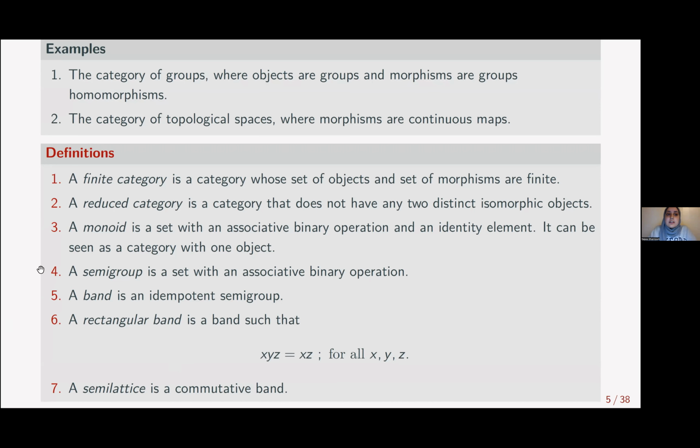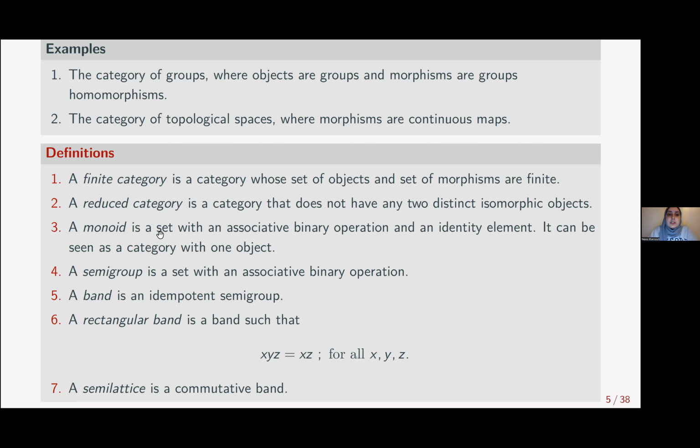So a finite category, and we're studying in particular finite categories. A finite category is a category whose set of objects and set of morphisms are finite. And a reduced category is just a category that does not have any 2 distinct isomorphic objects. So it means we don't have a morphism f and a morphism g such that their products are identities on both sides, of course, in order to have an isomorphism.